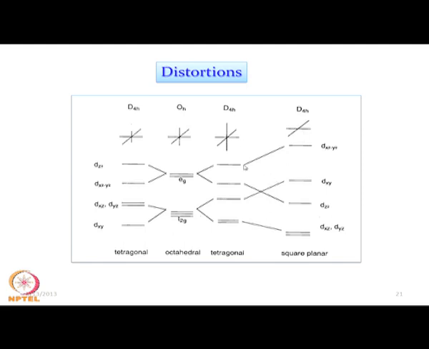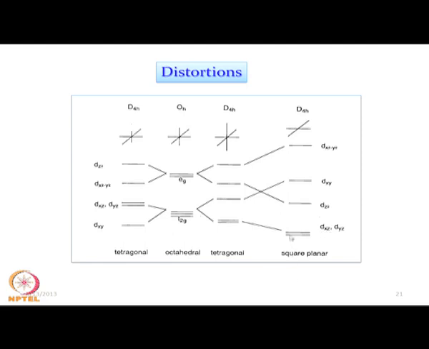And we have further destabilization of the dx square minus y square orbital and further stabilization of dz square, because we do not have any interaction along the z axis. At the expense of that stabilization we have destabilization of the dxy orbital and stabilization of dxz and dyz.